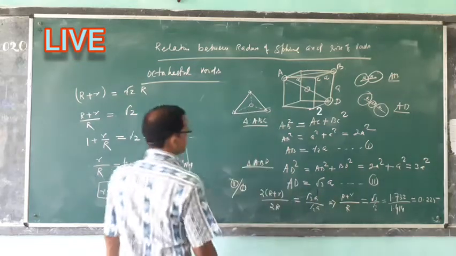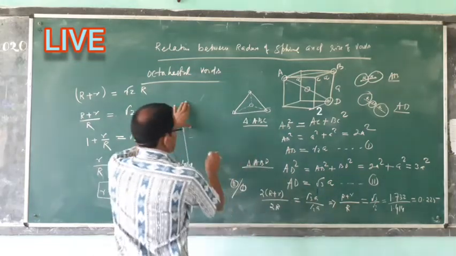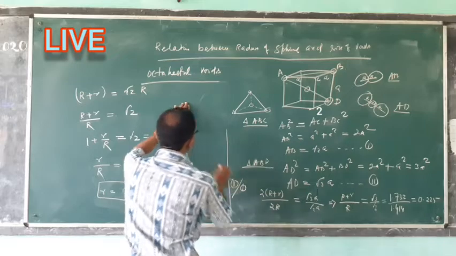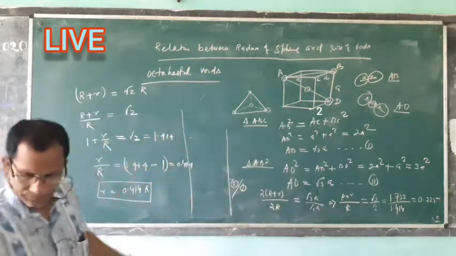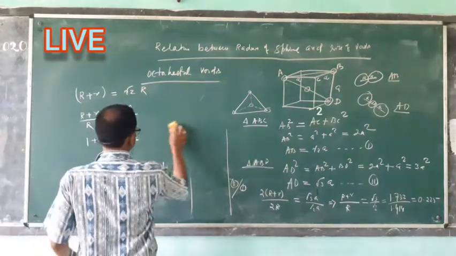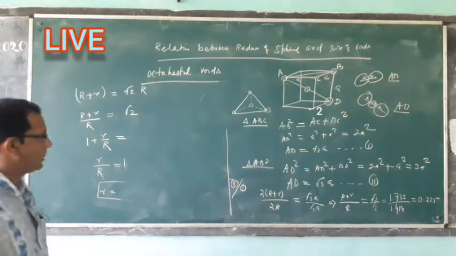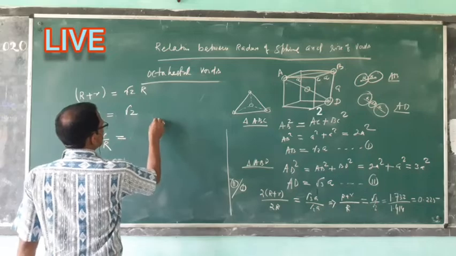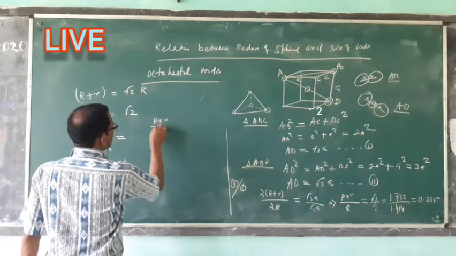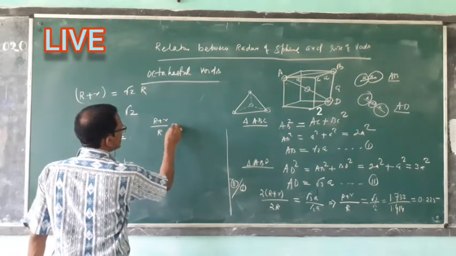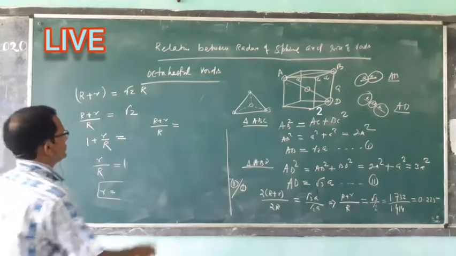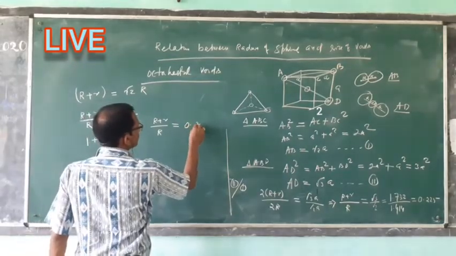Now it will be R plus r by capital R is equal to 1.225.